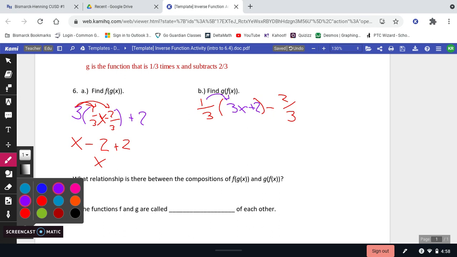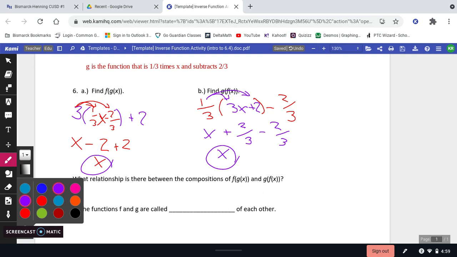So again, we're going to distribute. So that 1/3 times 3x goes to x, plus 1/3 times 2 is 2/3, and then minus 2/3. Okay, so those cancel each other out, and you get x. Okay, that's an important concept.